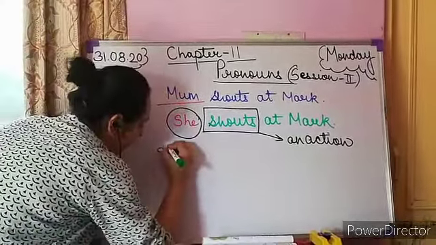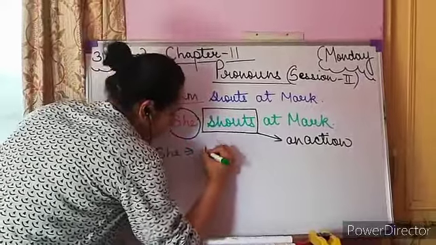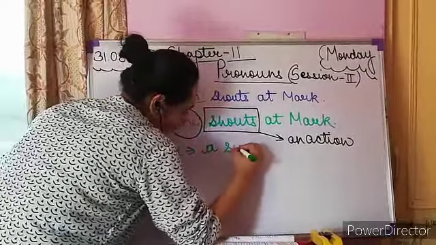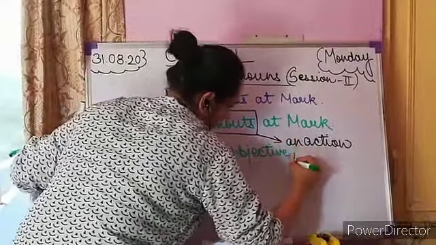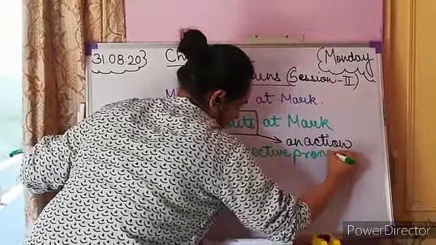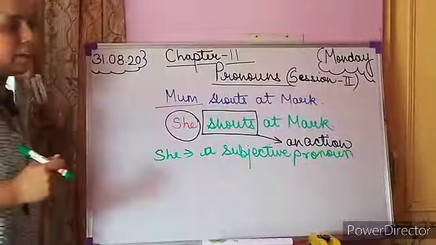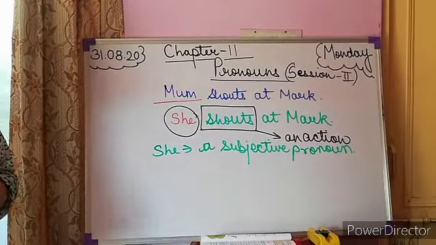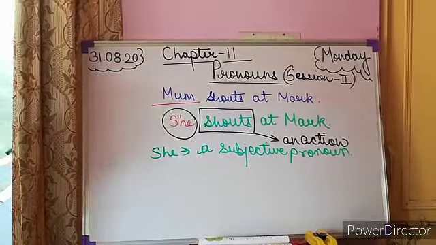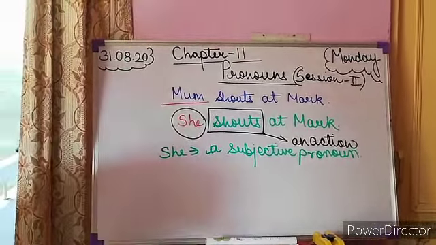So here she is actually a subjective pronoun. Correct? So the pronouns which perform the action in the sentence are called subjective pronouns.